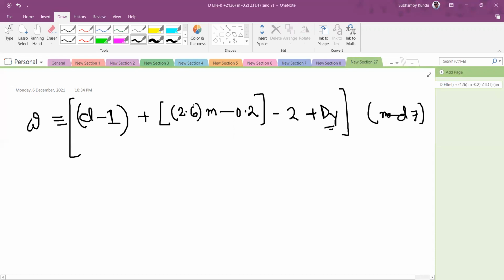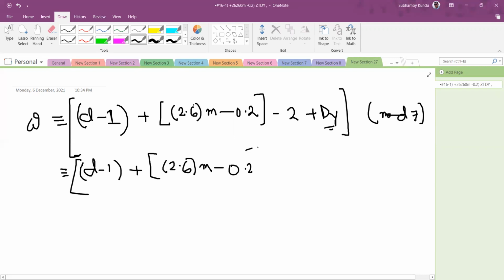Now, if we put in the relationship we found for dy, this whole relationship turns out to be this: d minus 1 plus this part remains the same, minus 0.2 floor of this, minus 2 plus dy.